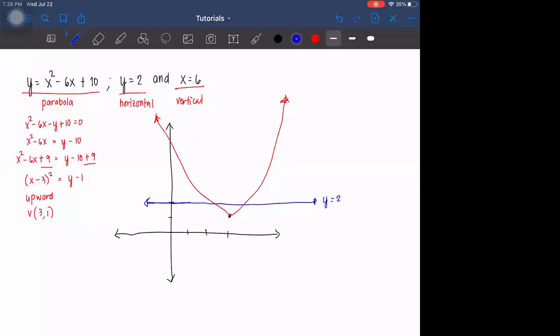And then we have x equals 6. Let's extend this: 3, 4, 5, 6.